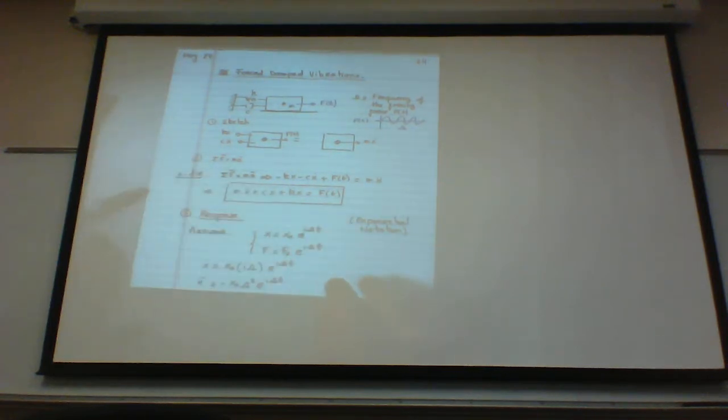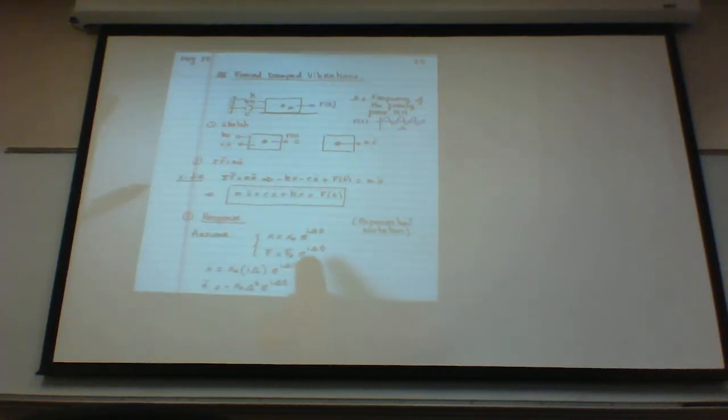What would have been the other choice? We could have assumed the solution to be in terms of what frequency? The natural frequency. But in general, what is going to be easier to know, the frequency of the forcing or the natural frequency of the structure? If you have a shaker, you can adjust the frequency of the shaker, so you will know what capital omega is.